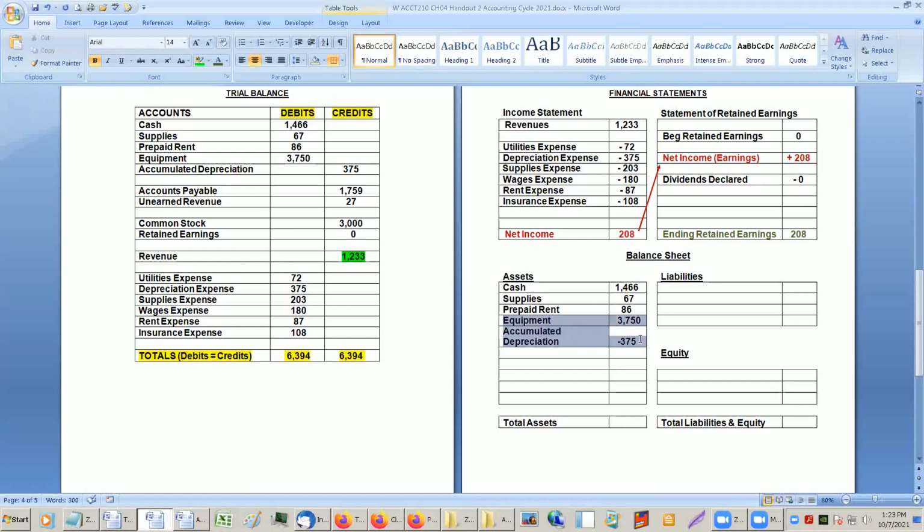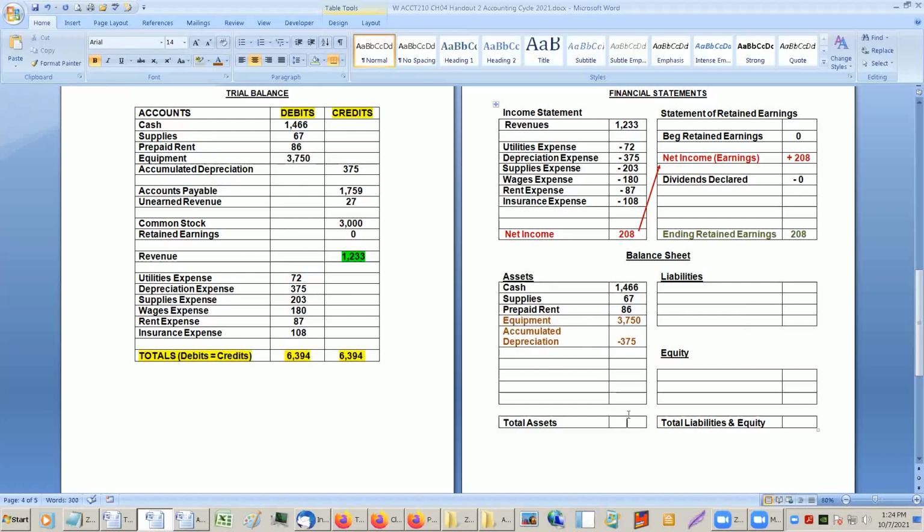And then again, I think I mentioned this before, but these two go together. There we go. So those two go together.